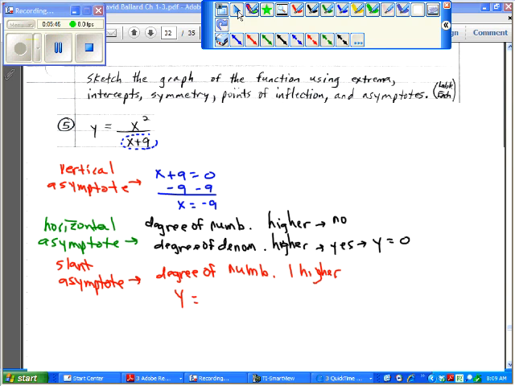It's going to be y equals the numerator divided by the denominator, and you scratch out the remainder, right? So you take the numerator divided by the denominator using long division, and you disregard the remainder, and that is the equation for your slant asymptote.